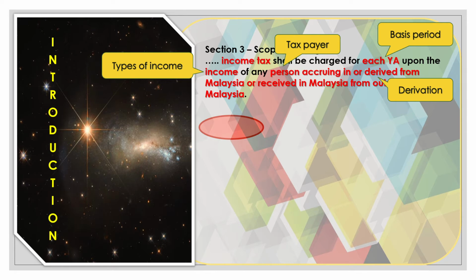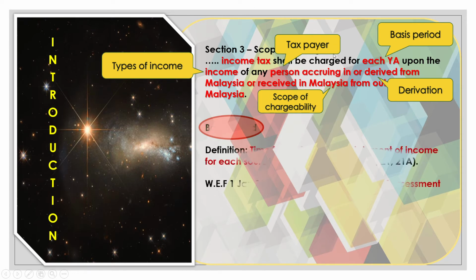Of course, foreign source income will be exempted. For that reason, we need to know the scope of chargeability, where the definition of Malaysia is given. It defines what Malaysia is, and that defines the scope of chargeability. So from these 5 concepts, today we are going to look at basis period.